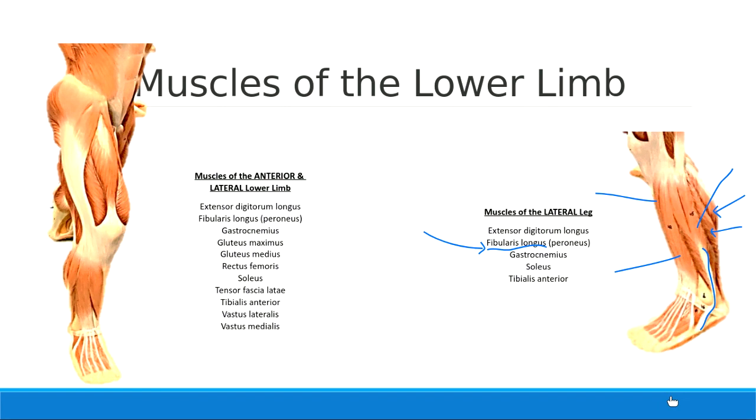Would I call this a posterior muscle? Would I call this a lateral muscle? Would I call it a medial muscle? If you are learning their locations in the pictures, so I'll zoom out again, if we're learning their general locations, if I can identify them in a picture, and maybe more importantly, if you can point to where they are on your own body, use that to help you get an idea of their general locations. So anterior, posterior, lateral, and medial.